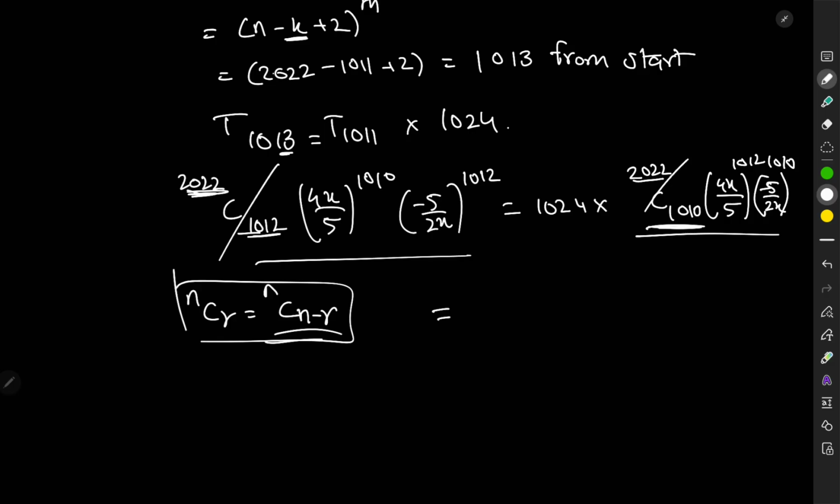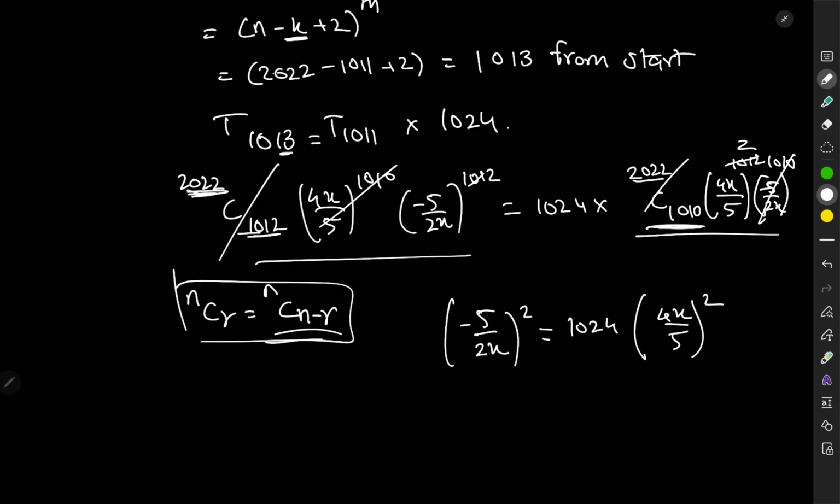Okay, I can also cancel this and this power, and I can write it as whole to the power 2, right? So I'll end up with 2 is equal to 1024 (4x by 5) whole square multiplied by what?